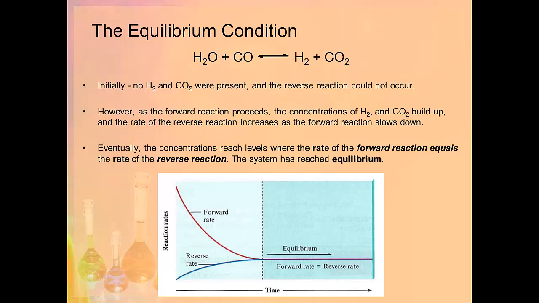The forward reaction might be more favoured and the reverse reaction might only be a minor reaction, or it might be the other way around. Maybe the forward reaction isn't favoured. Maybe it's 99% in favour of the reverse reaction. Whatever that position may be, given enough time, the system will reach equilibrium. And this is when the forward reaction rate equals the reverse reaction rate.